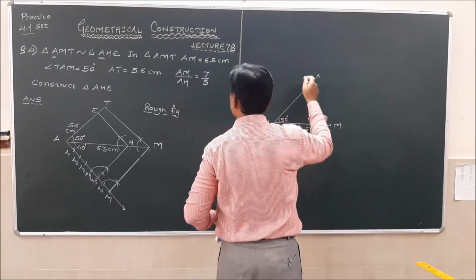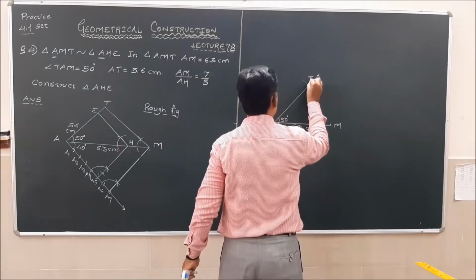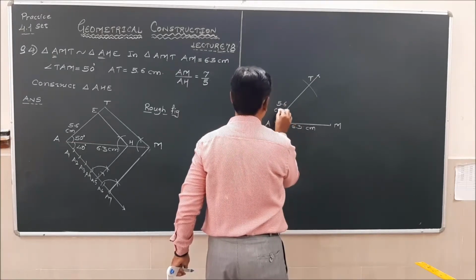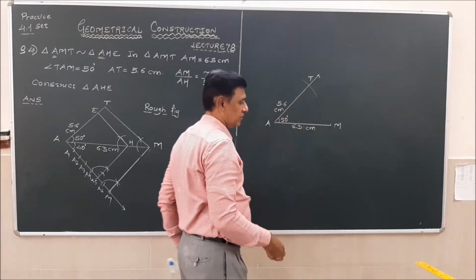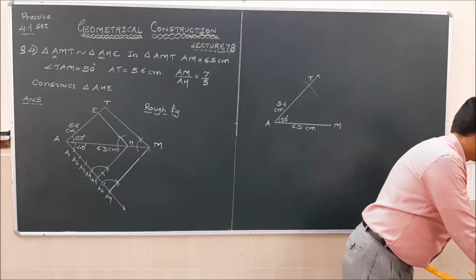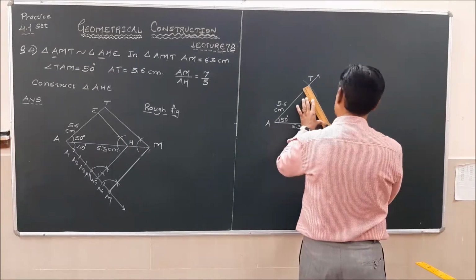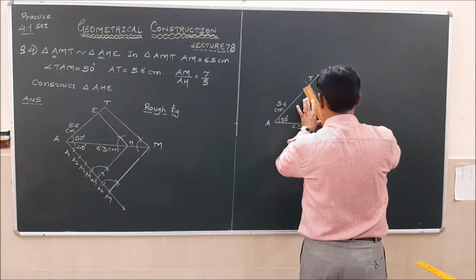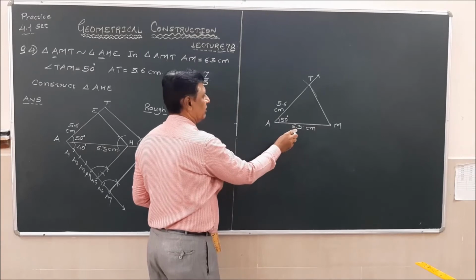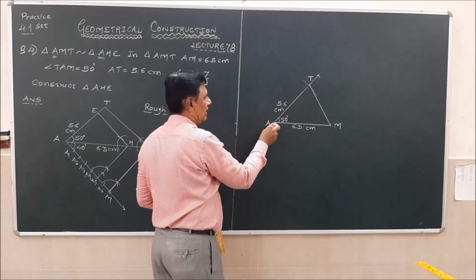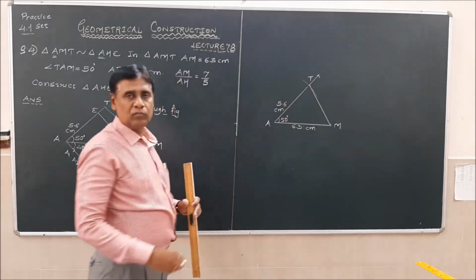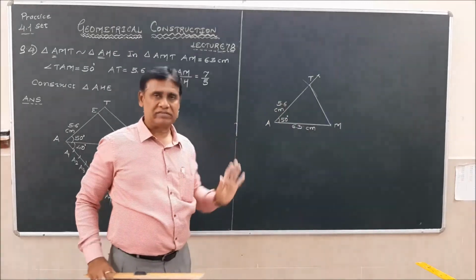This is AT, 5.6. Join TM to get the required triangle AMT. So, AM is 6.3. From A, the angle is 50 degrees. Take a distance of 5.6 and plot point T. Fine.